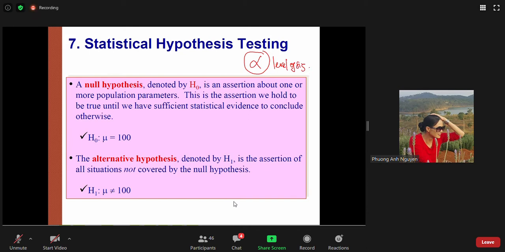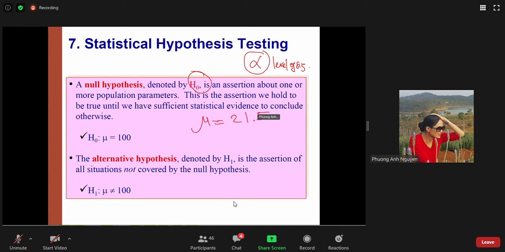Hypothesis testing starts with the null hypothesis, which is a statement about the population parameter. When I consider my population of all students in Vietnam, I give a statement. In my opinion, the mean average age of all students in Vietnam is equal to 21.5.